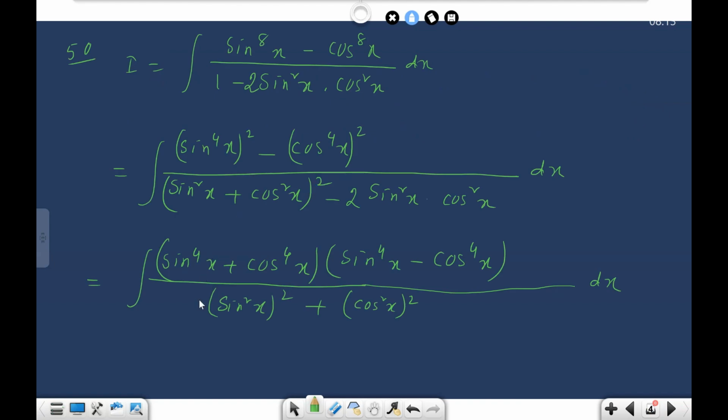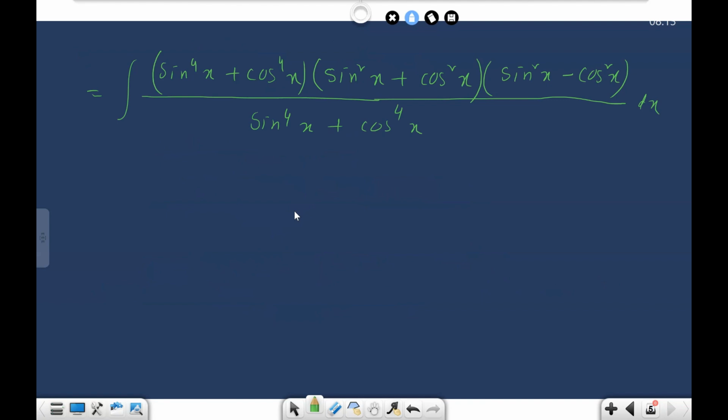Okay, so after this you see, this term is cancelled out, this term is cancelled out, and this term is 1 only. So your term now remaining is sine square x minus cos square x dx.